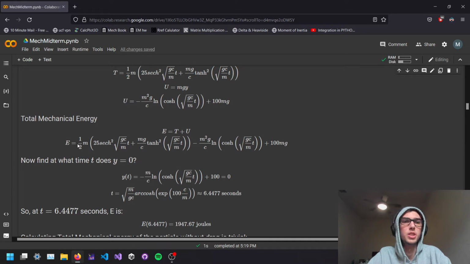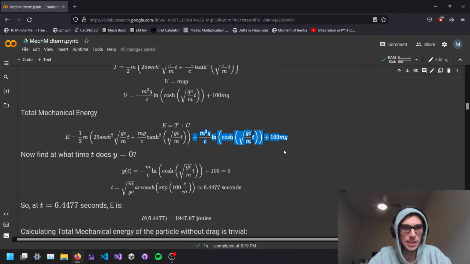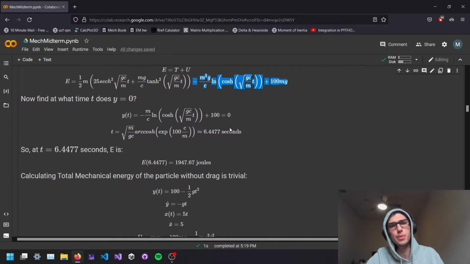The total mechanical energy will then be T plus U, and then there will be some energy lost to drag. I didn't include it here, but there is some energy lost to drag here, which is what we're ultimately trying to find. So we get this 1/2 m blah blah blah blah blah, which is just the kinetic energy plus the potential energy. And then finally, to find the energy at the end of the trajectory, we need to find what time y is equal to 0.